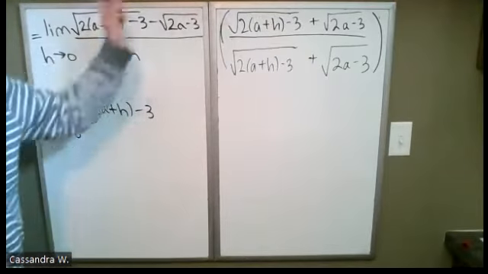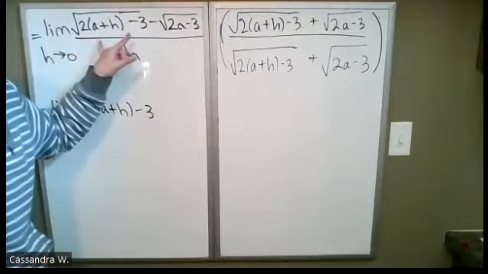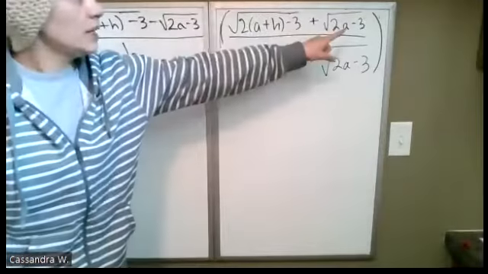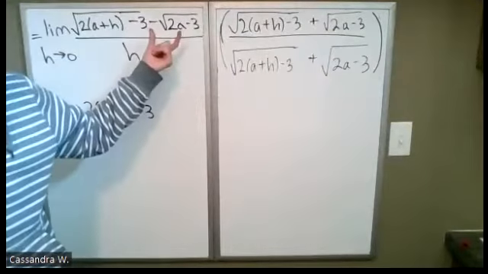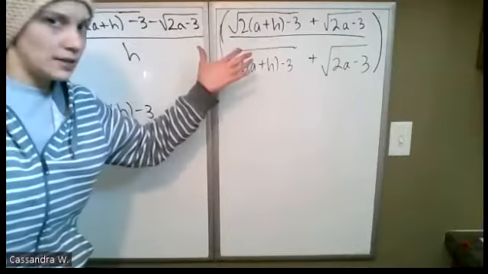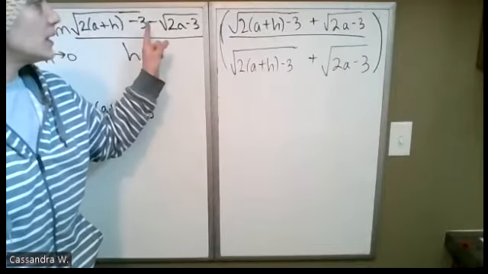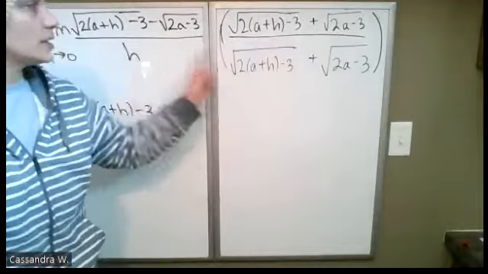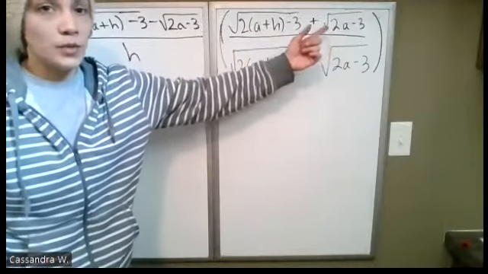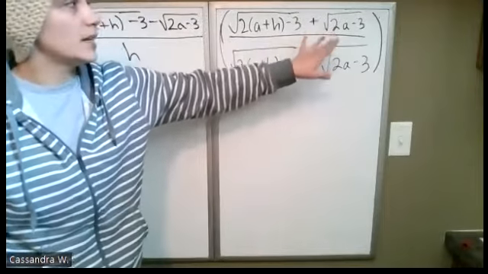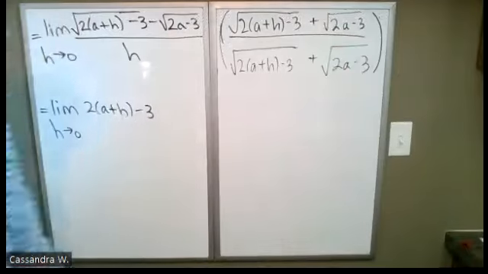Then you're going to have this root times that one, and then a negative of the same thing, that root times that one. They're going to cancel out. You can work it out on scratch paper. But then what's left is the negative of these last two terms multiplied together, which is a negative of 2a minus 3.